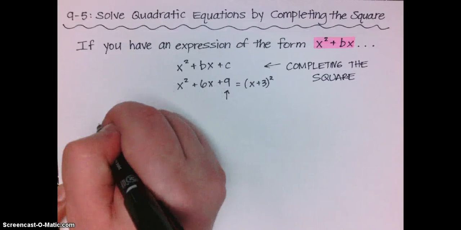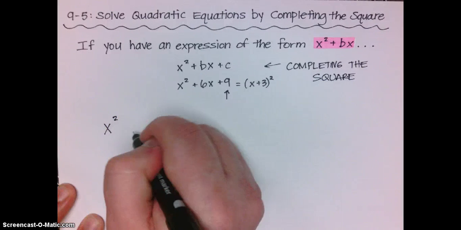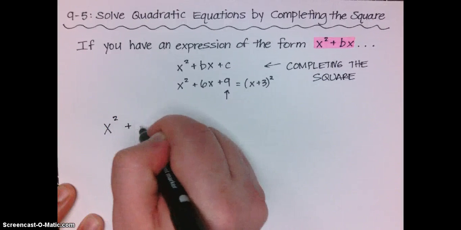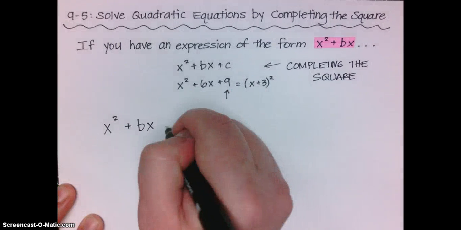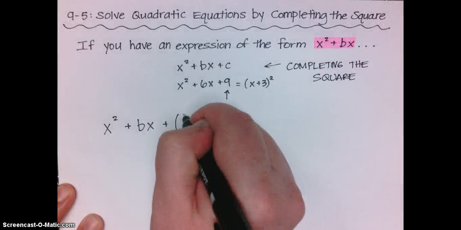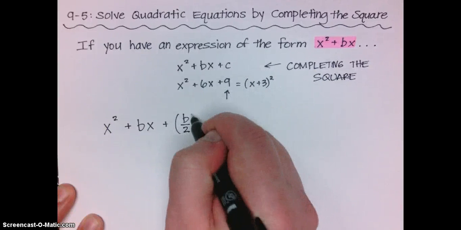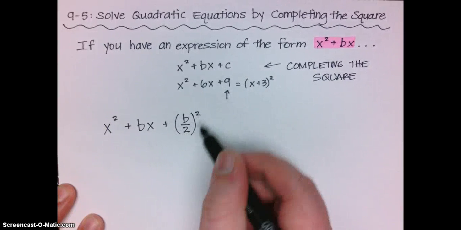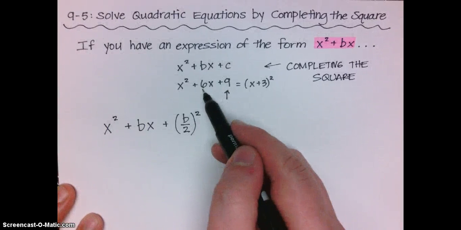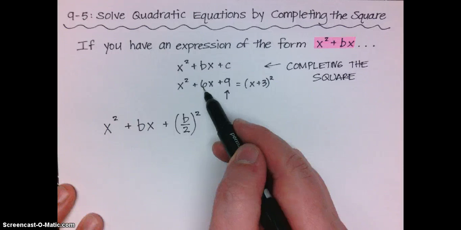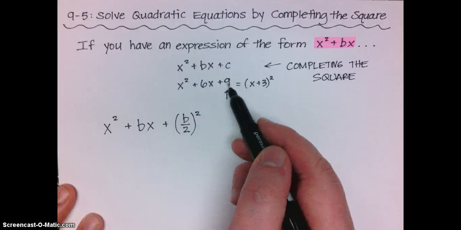So what you want to learn from this is that if you have x squared plus some number times x, you can find that third number by simply taking that number b and dividing it by 2, right? And when we square that, we're going to find our final number. So for instance, in this example, I divided 6 by 2 and I got 3, and when I squared it, I got 9.